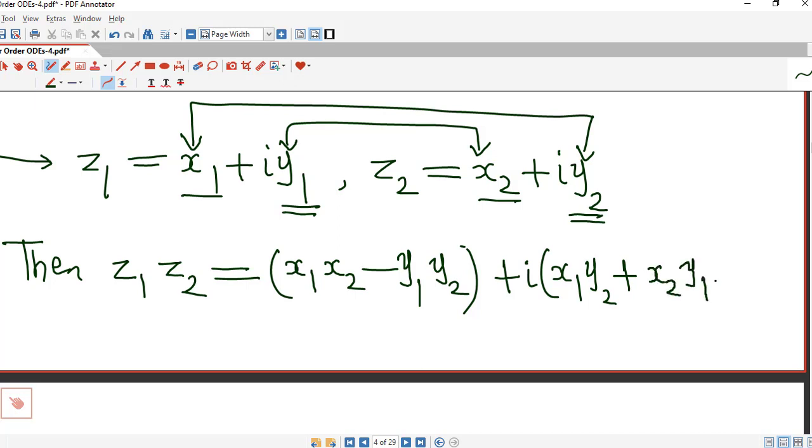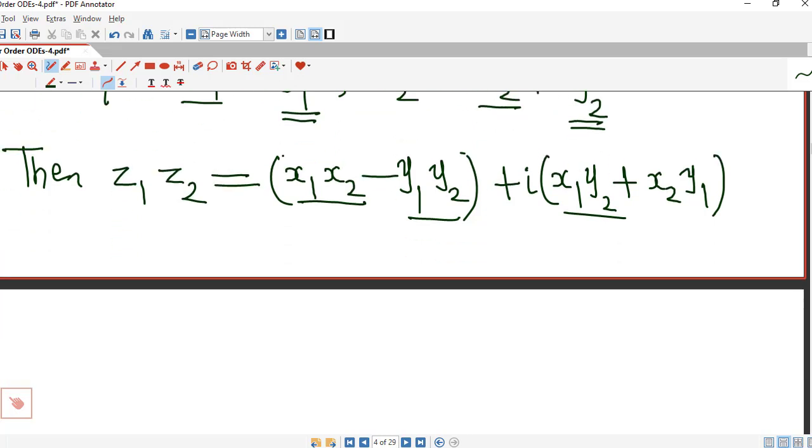So we can remember it in this way: real part into real part minus imaginary part into imaginary part, plus i times real part of first into imaginary part of second plus real part of second into imaginary part of first.